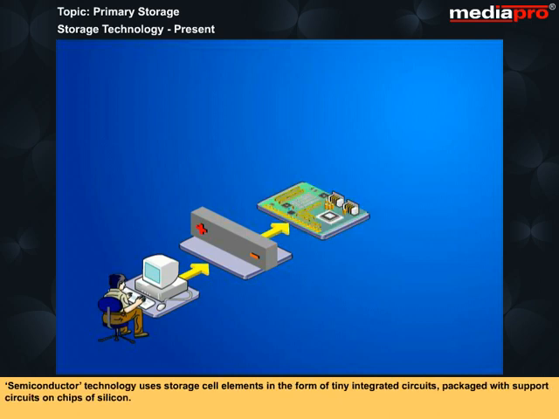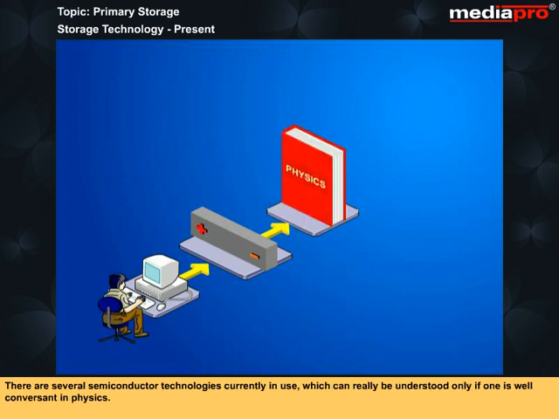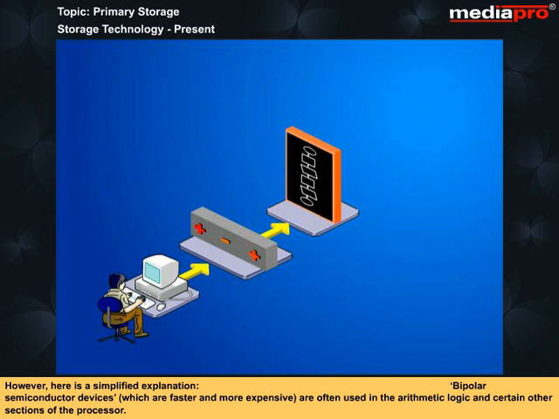Semiconductor technology uses storage cell elements in the form of tiny integrated circuits packaged with support circuits on chips of silicon. There are several semiconductor technologies currently in use, which can really be understood only if one is well conversant in physics. However, here is a simplified explanation.